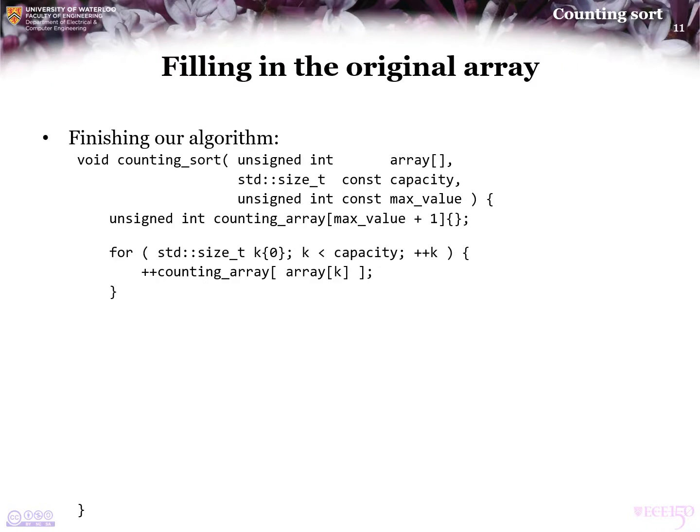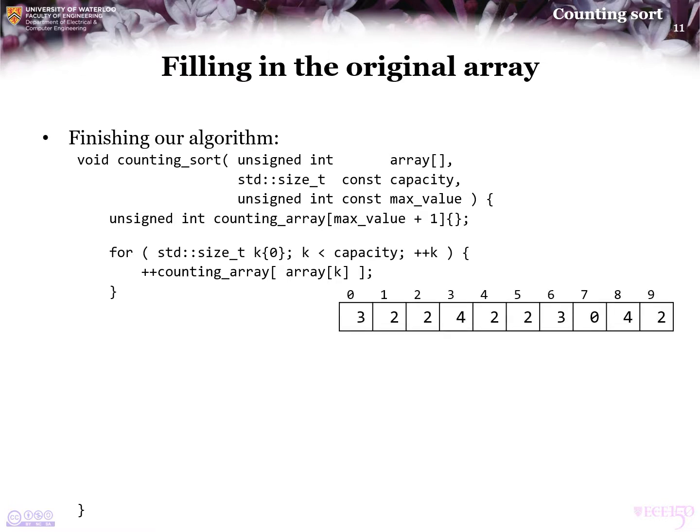All right, hopefully you took some time to try to devise your own algorithm. And so finishing the algorithm, let's go back and take a look at the information we have. What we want to end up with is an array that has 3 zeros, then 2 1s, 2 2s, and then 4 3s, and so on and so forth.